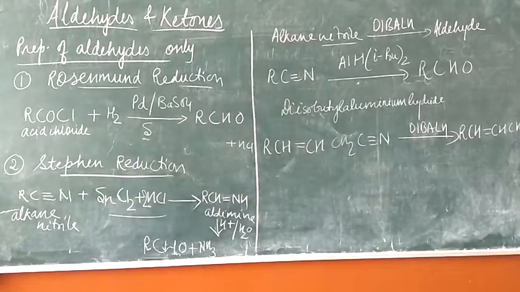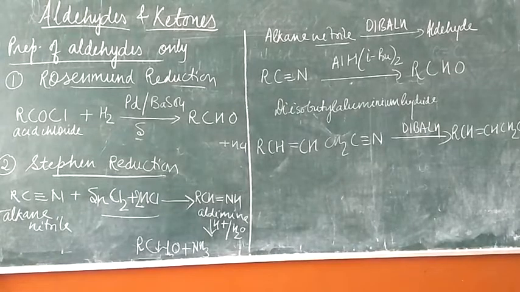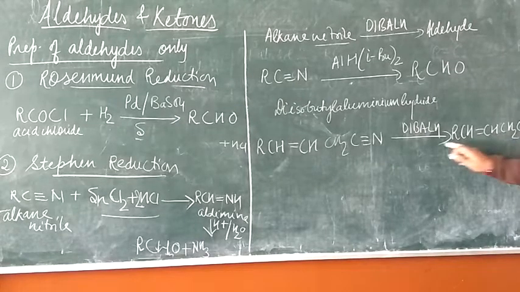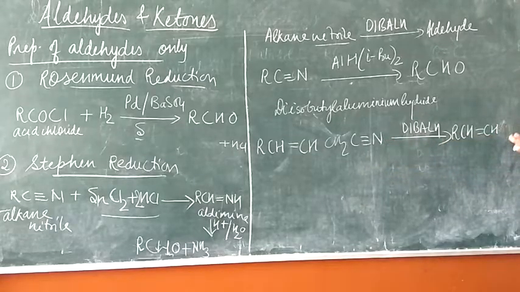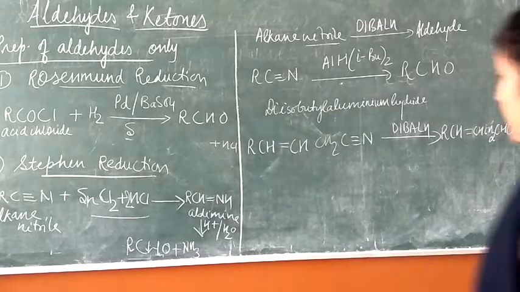The reduction will be carried out only at the CN, that is the cyanide section only. So it is CH, CH2, and this is CH2. Now the aldehydic group is visible. This was the second preparation.